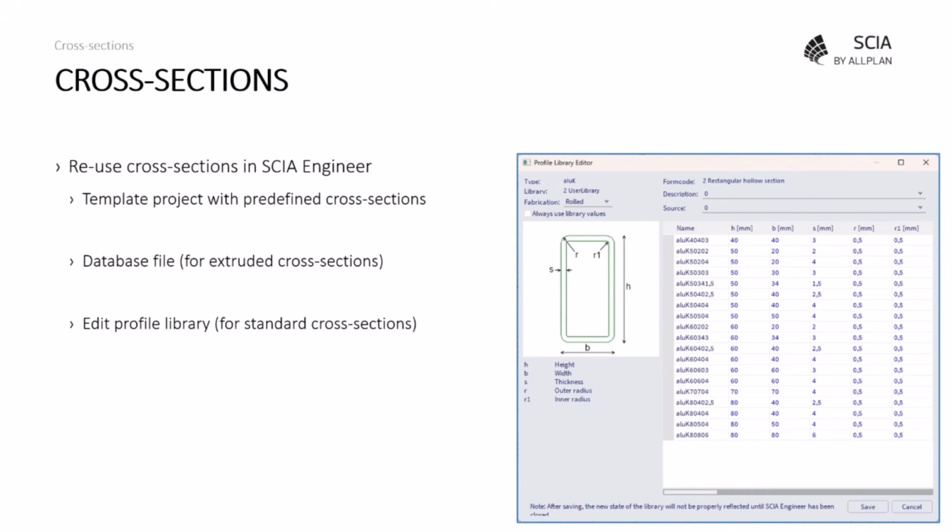It's also possible to create a database file, and this database file can be loaded into your project file. And the third possibility, which can be used for standard cross-sections, is to edit our profile library. On the image on the right side, you can see some rectangular hollow sections with a specific radius for aluminium.